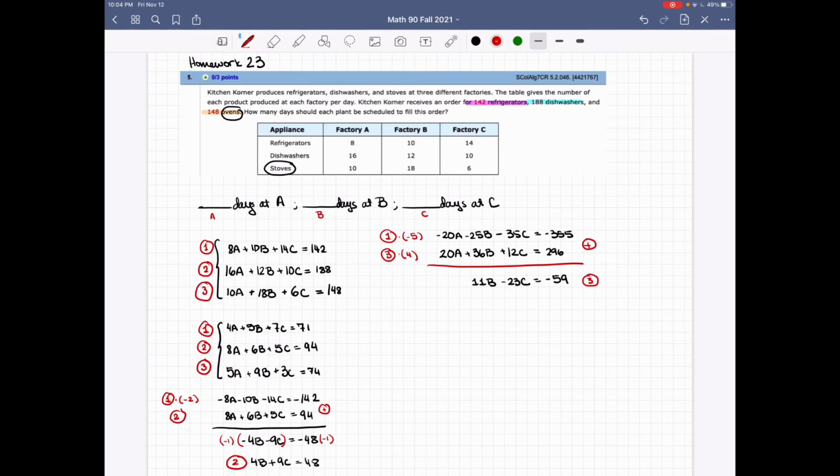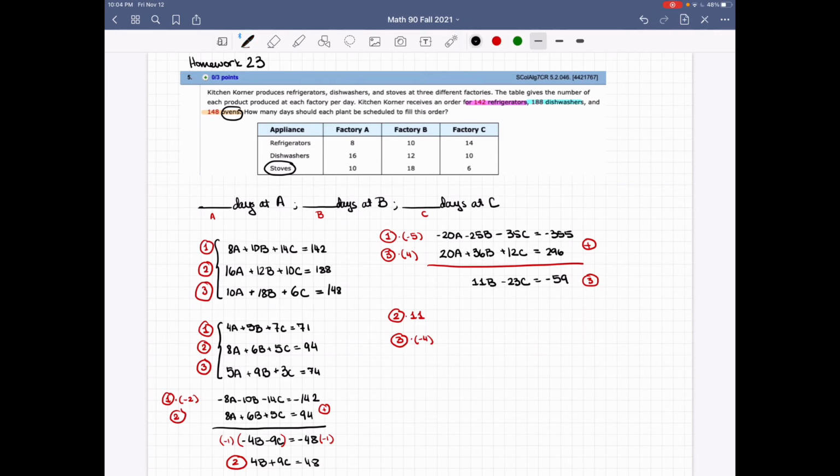I think I'll use my equation 2 for this. To be honest, the numbers are going to be a little bit big, but I'm going to take my equation 2, which is 4b plus 9c equals 48, and multiply that by 11. I'm going to multiply equation 3 by negative 4, and then add.